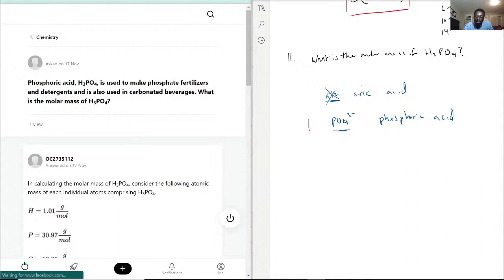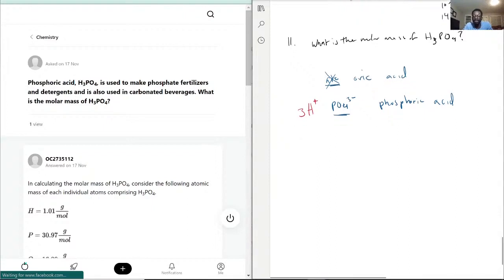You just need enough hydrogen ions, and because it's 3 minus and each hydrogen was just 1 plus, you need 3 hydrogen pluses, which is exactly what we have here when we have H3PO4. That's just for you to get familiar with the naming in case this question decided, you know what, I'm just going to give the name and you figure out the molecular structure.